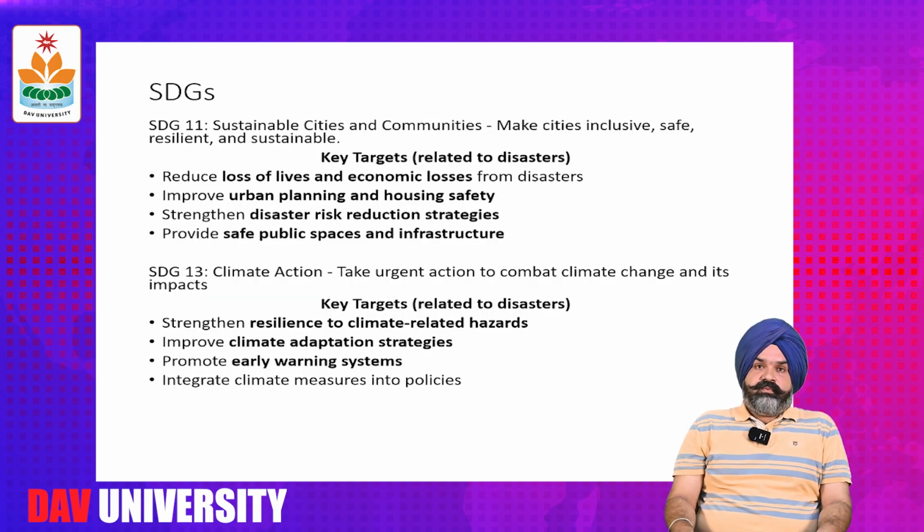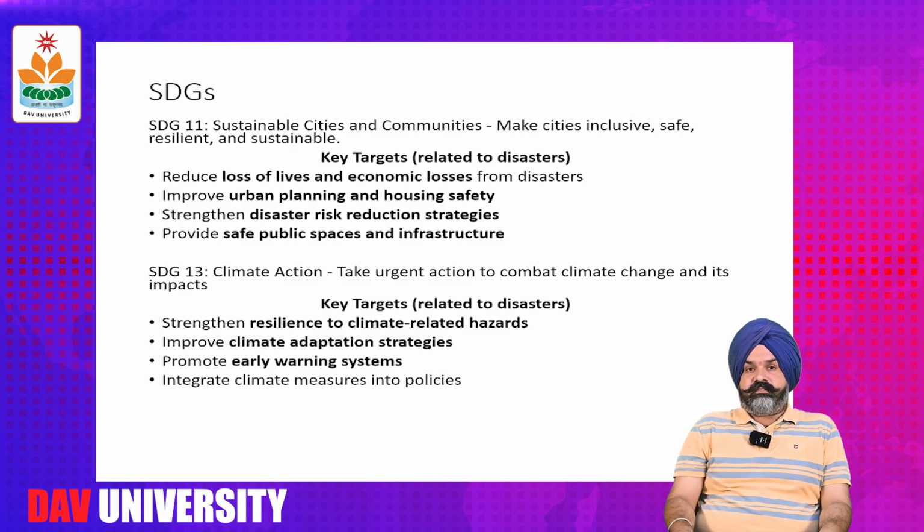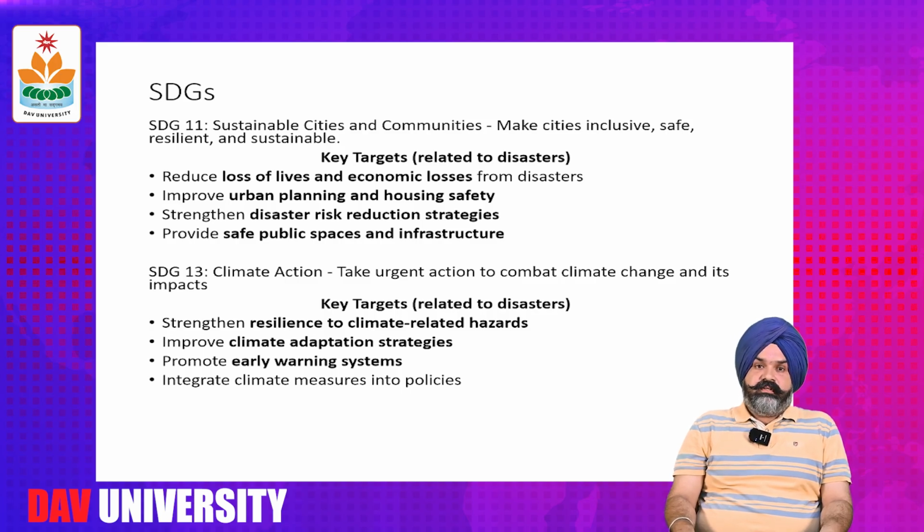The key targets for the 11th SDG are to reduce the loss of lives and economic losses from disasters, to improve urban planning and housing safety, to strengthen disaster risk reduction strategies, and to provide safe public spaces and infrastructure. For SDG 13, the key targets are to strengthen resilience to climate-related hazards, to improve climate adaptation strategies, to promote early warning systems, and to integrate climate measures into policies.